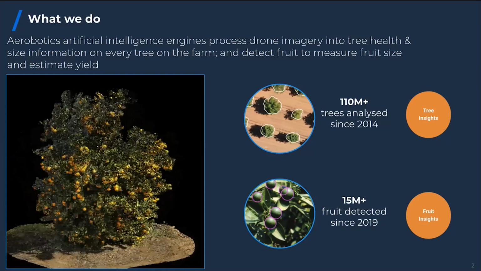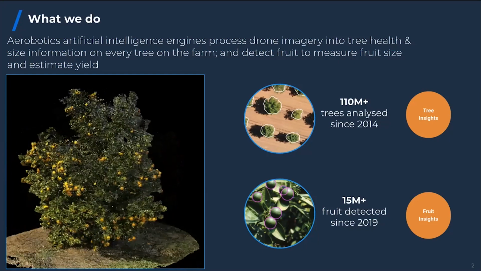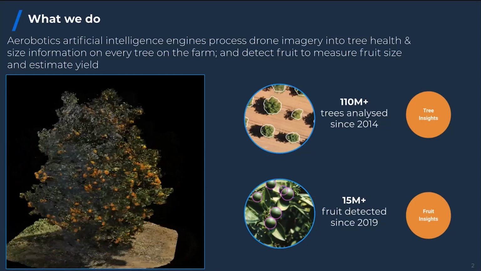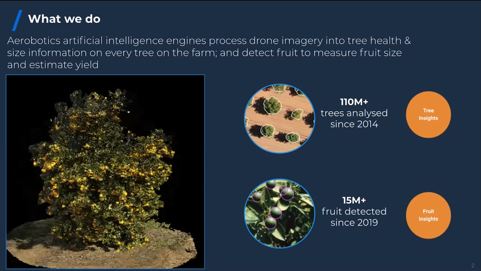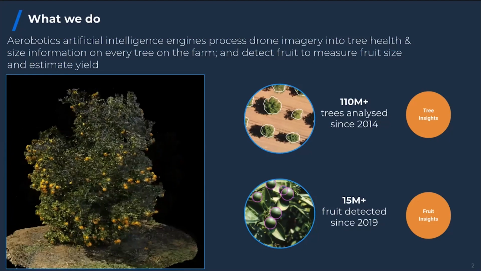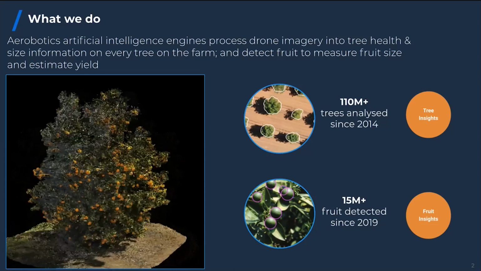And all the information that we provide, be it tree health, canopy area, and volume, is provided to the tree level. So it really allows you to quantify how many trees are underperforming, for example, or what's the average tree volume in each and every block in your property.